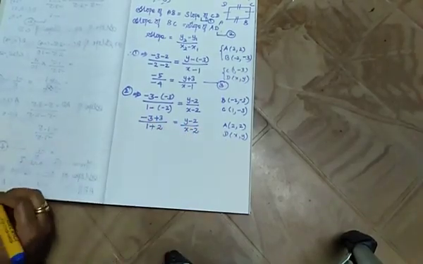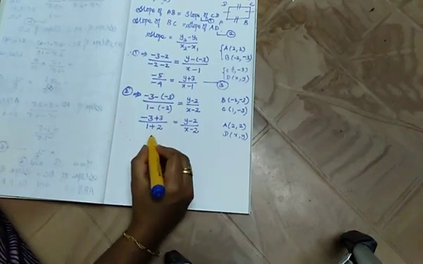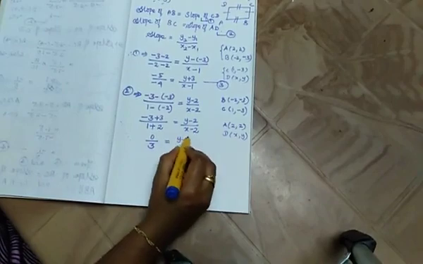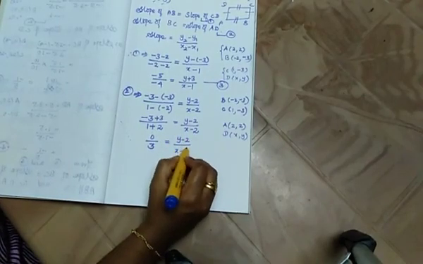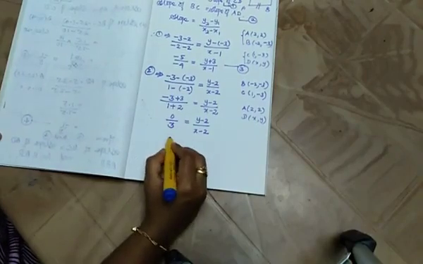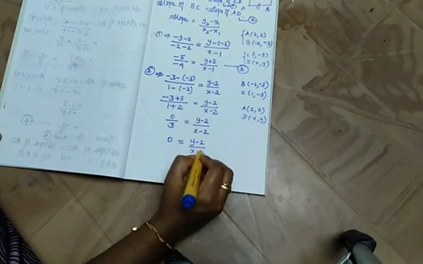Now minus 3 plus 3 is 0, so 0 by 3 is equal to y minus 2 divided by x minus 2.